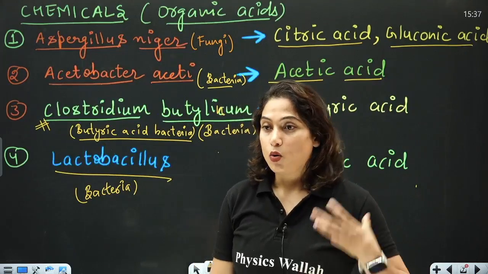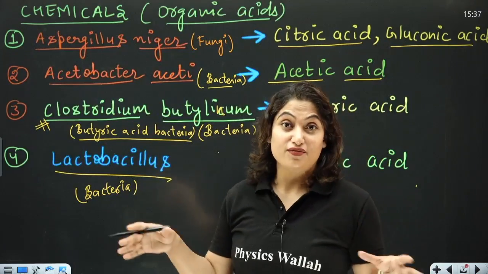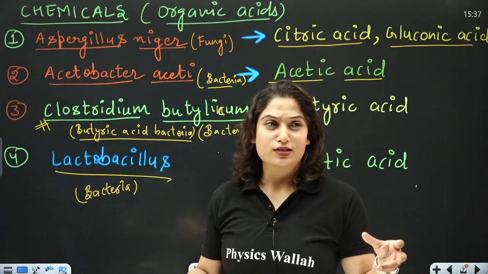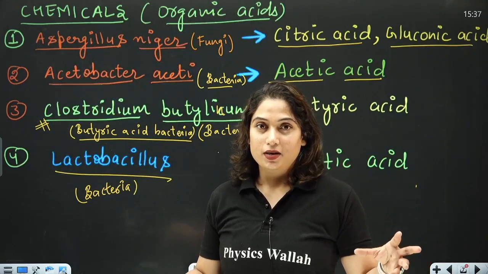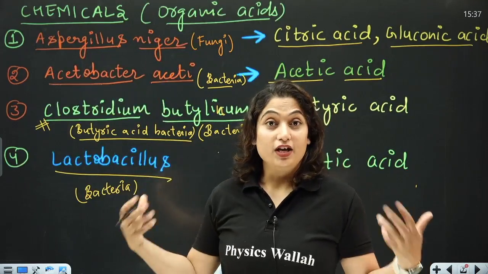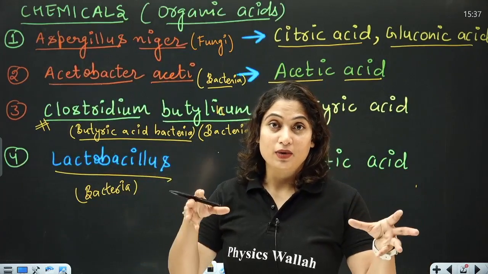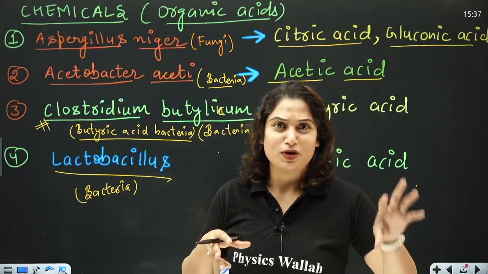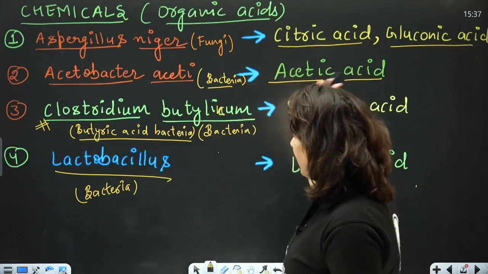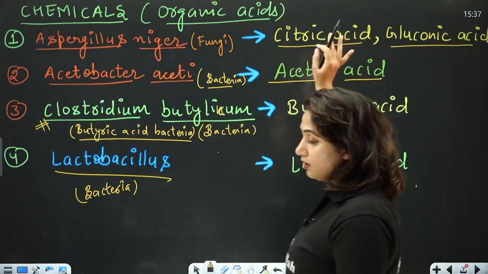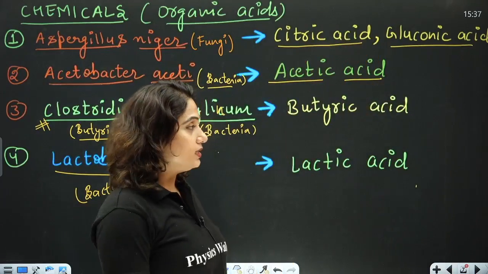So let's see. This question is NEET's favorite since 2018, 2019, 2020, 21. These kinds of questions come very often, that what kind of chemical and what kind of organic acid is obtained from what kind of organism.